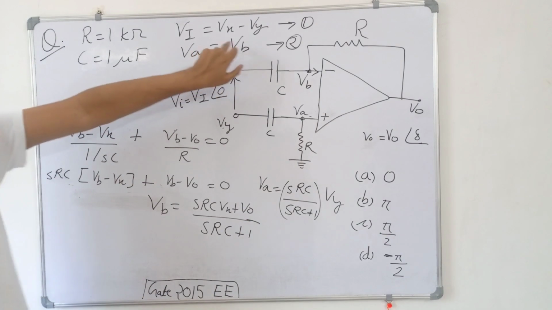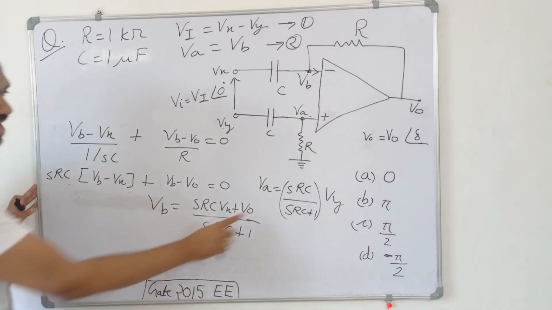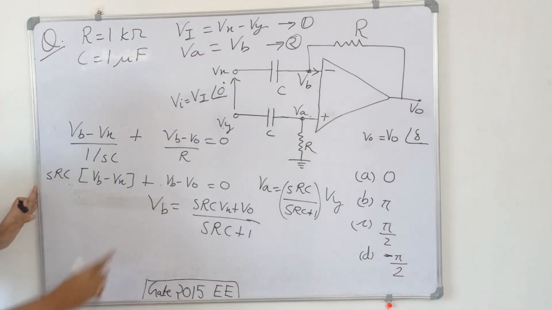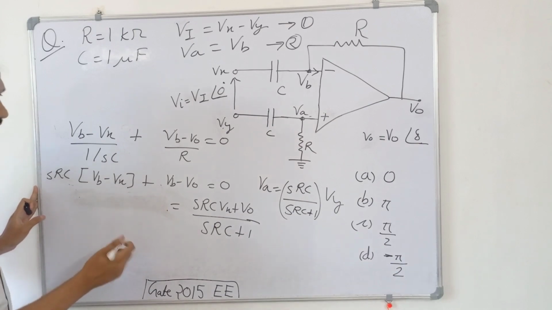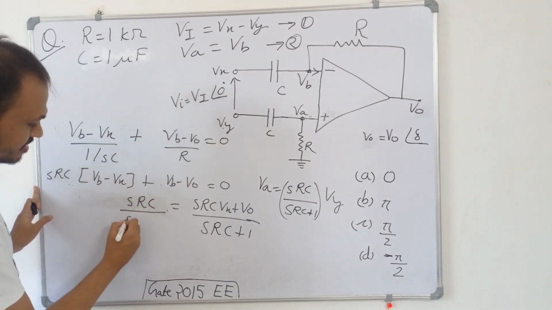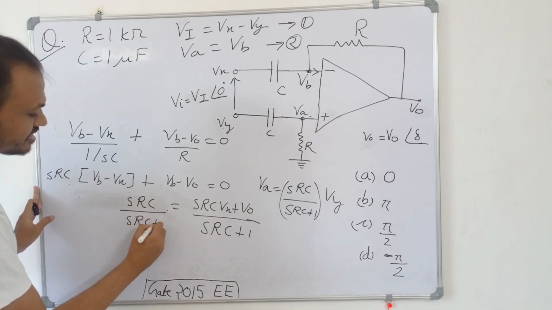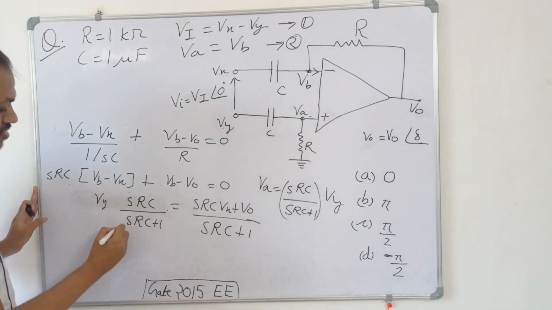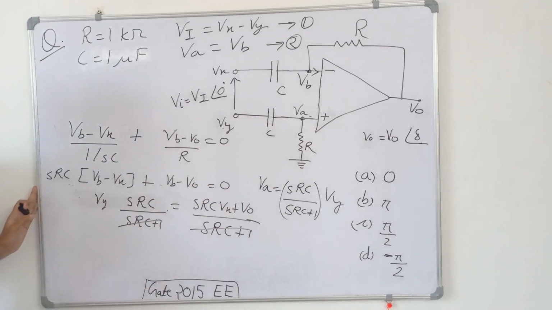So by this equation Va has to be equal to Vb. So I am substituting the value of Va here: SRC upon SRC plus 1 Vy. So SRC plus 1 in the denominator on both sides will get cancelled.